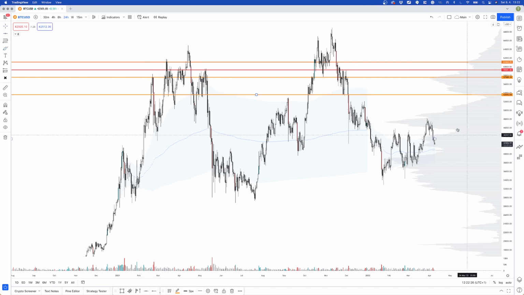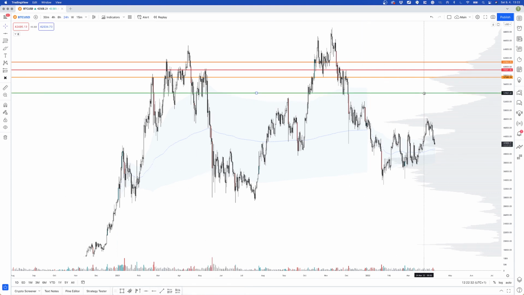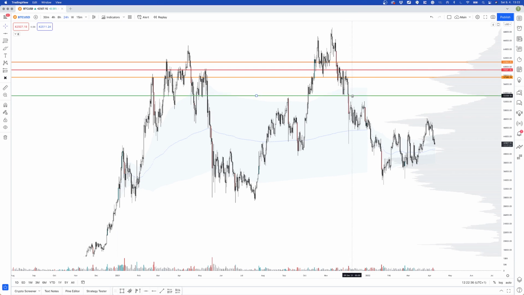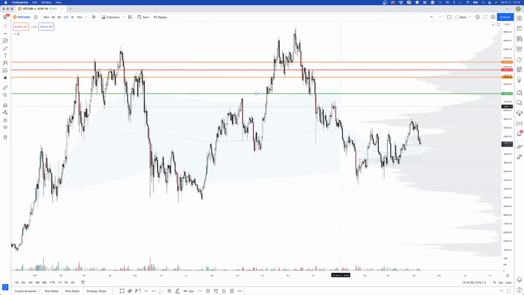Coming down, you have the edge of the high volume node. I do this in green. This is very straightforward for me. It's either this low, obviously this level of support, which we lost, it got tested here as well. You have tests here, or I would mark out this high.